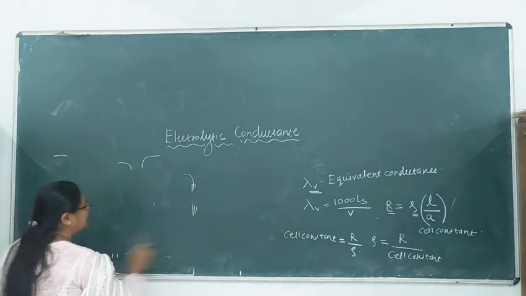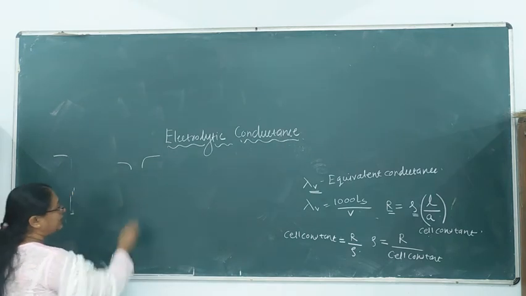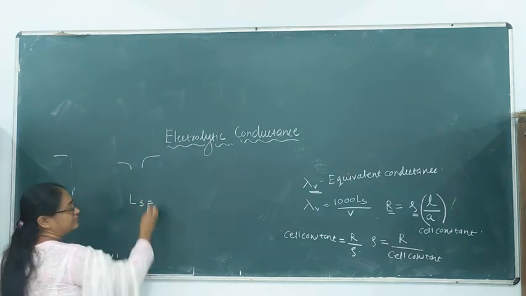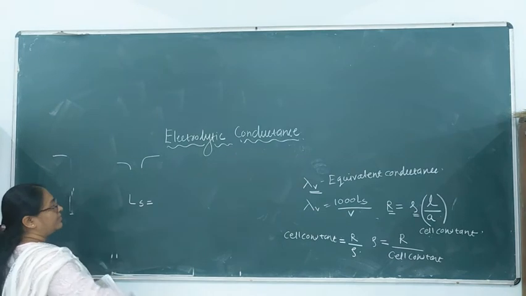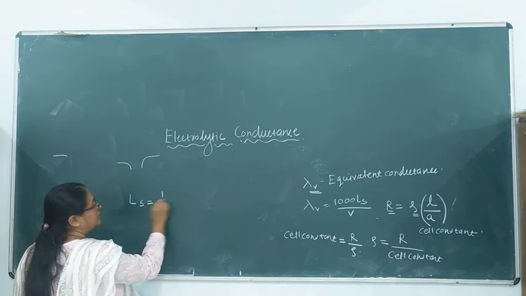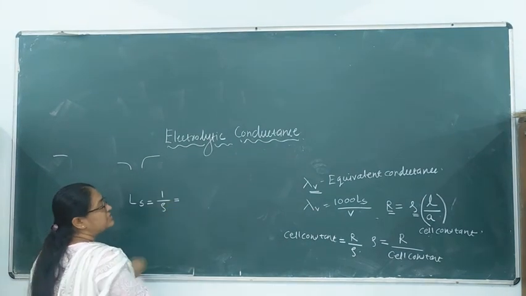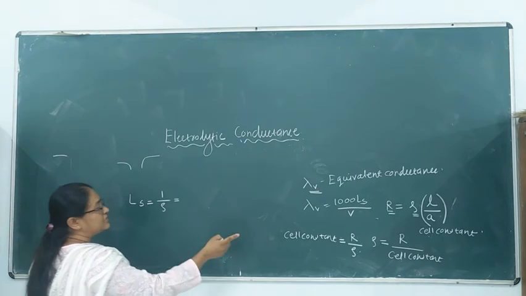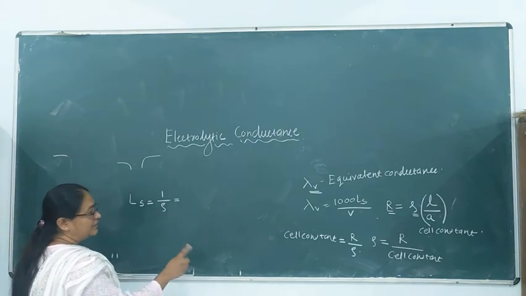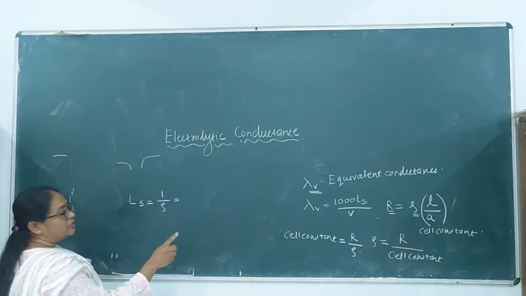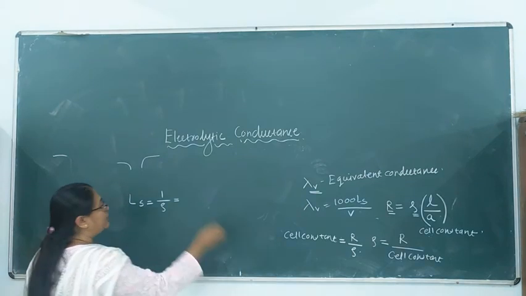we know the relation between Ls and rho, which is Ls = 1 upon rho. Now in the form of a cell constant I am going to write the formula. Rho is nothing but R upon cell constant.